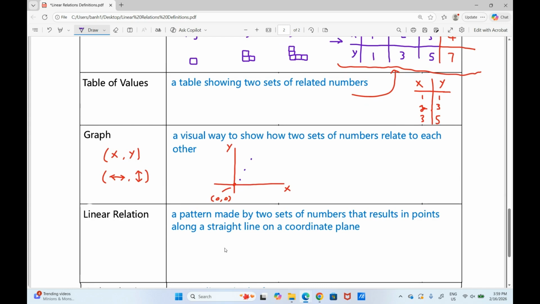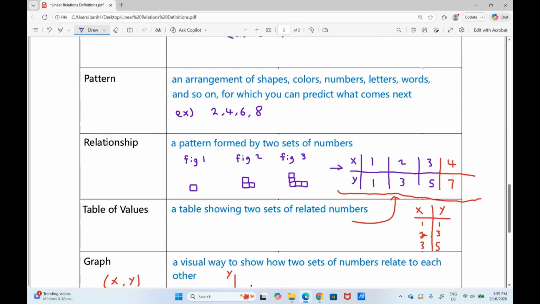A linear relation is a pattern made by two sets of numbers that results in points along a straight line on a coordinate plane. So the linear relation would be the grid that we had, and it would form a straight line as the pattern here. And that's what a linear relation is, and that's how it relates to a graph.